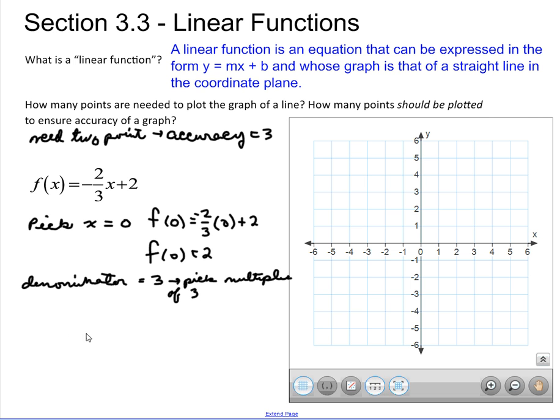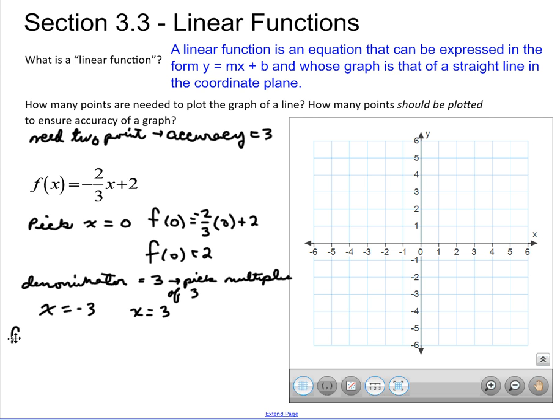Let's just choose the basic multiple. Let's try x equals -3 or x equals +3. We could have also picked x equals 6, 9, -6, any other number, but these are really just being picked for convenience.